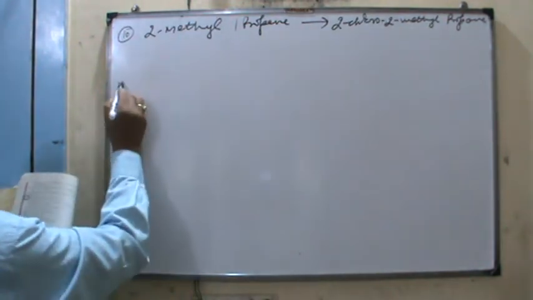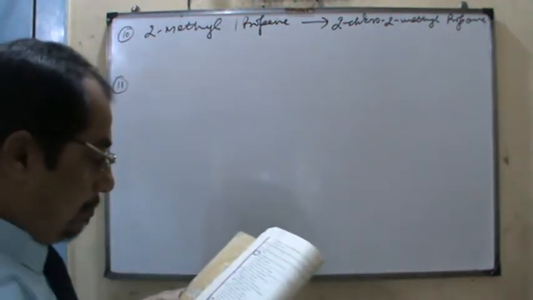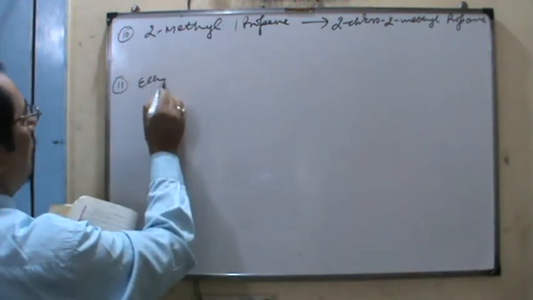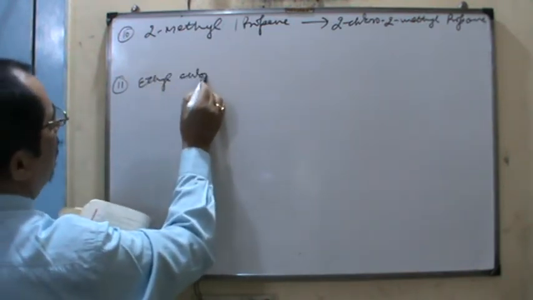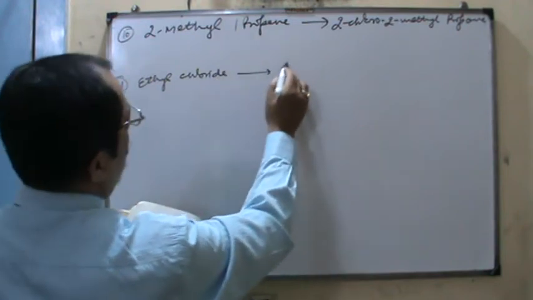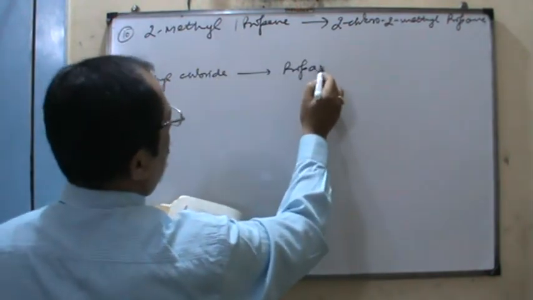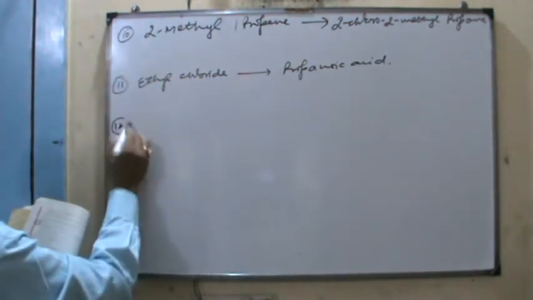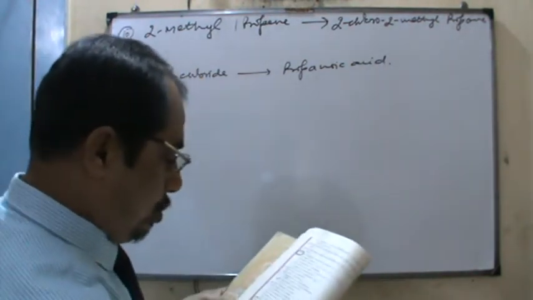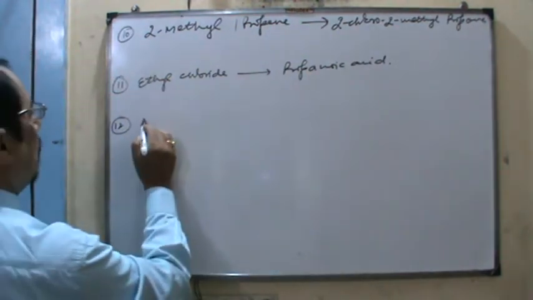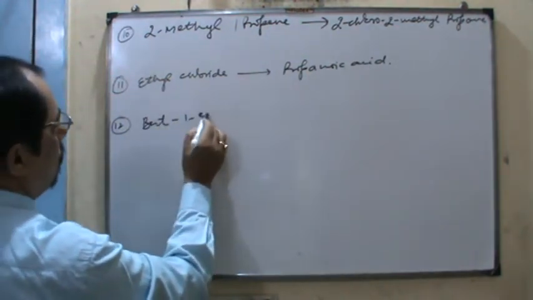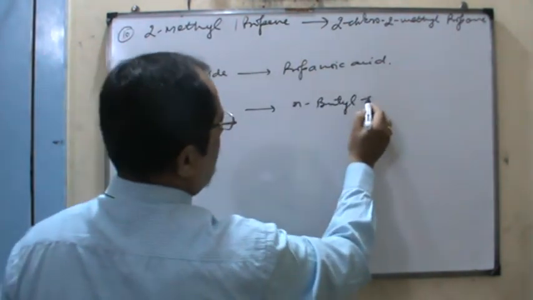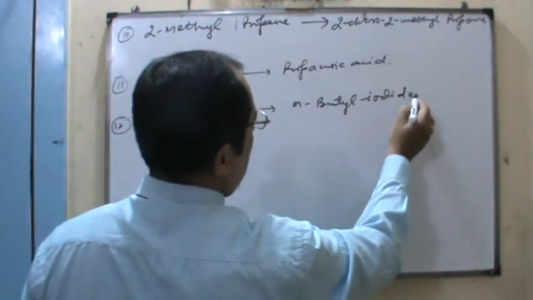Now question number 11 is ethyl chloride to propanoic acid. Question number 12 is but-1-ene into normal butyl iodide.